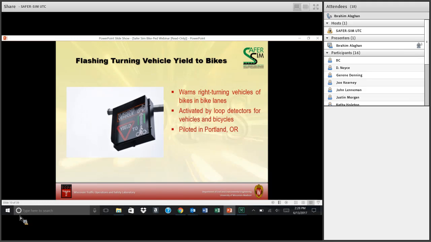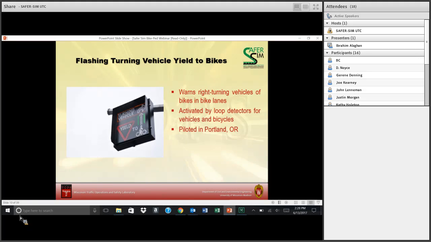This is the last one, the flashing turning vehicle into bikes. This device has been used in Portland, Oregon. They have two loop detectors, one loop detector for a bicycle and another one for a vehicle.